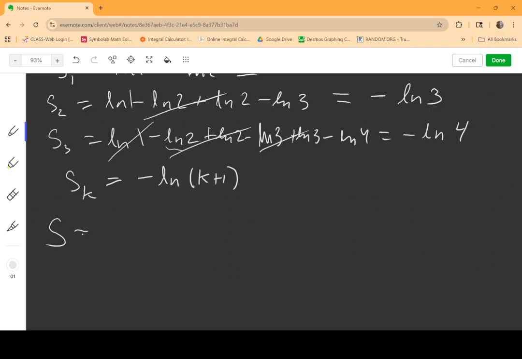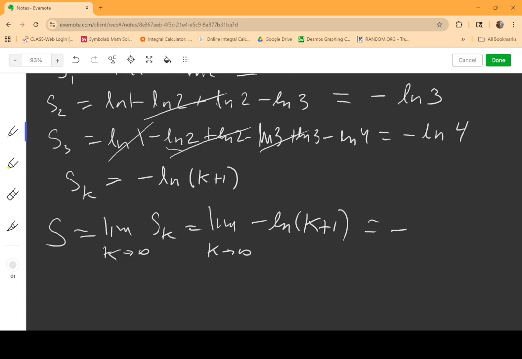So again, that comes from taking the limit of s sub k as k goes to infinity, or the limit as k goes to infinity of negative ln of k plus 1. The natural log is an increasing function, so as k goes to infinity, so does the natural log.